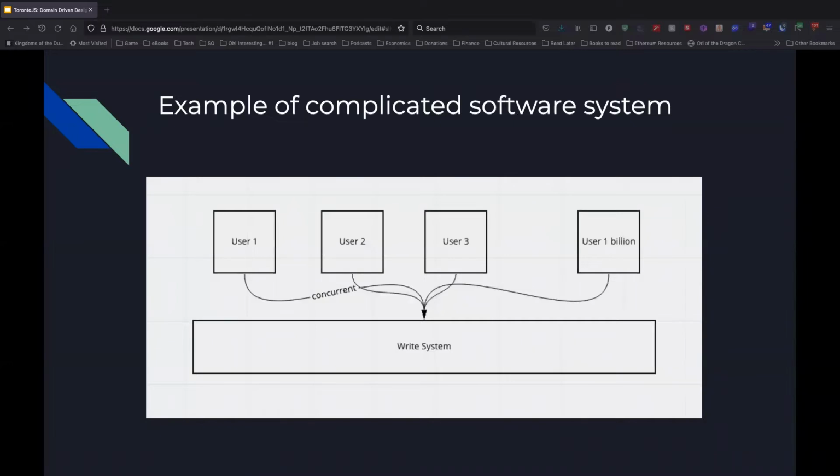So here's an example of a complicated software system. Assume you have some write system that needs to serve 1 billion users. For many of us, I think this is quite complicated to do, and it will require very well structured infrastructure.